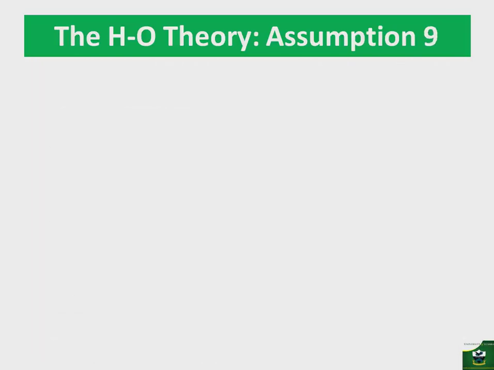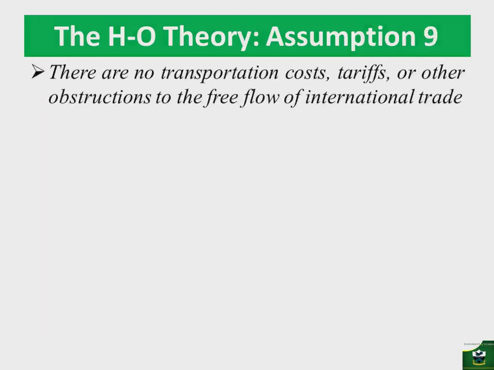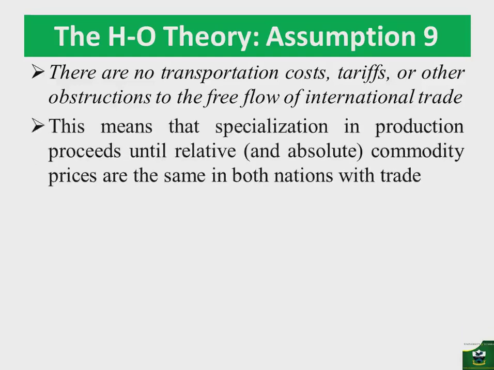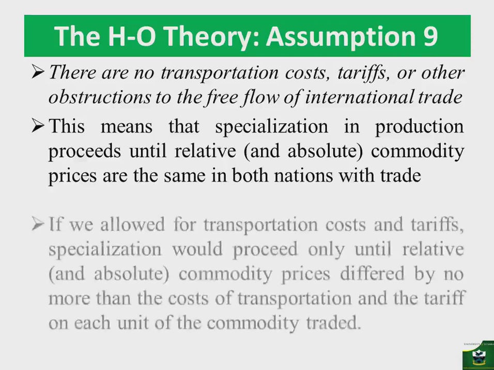Assumption number 9 that we make is that there are no transportation costs, tariffs, or other obstructions to the free flow of international trade. Here, we see that specialization in production proceeds until relative or absolute commodity prices are the same in both nations with trade. There would be something funny if this was not the case.